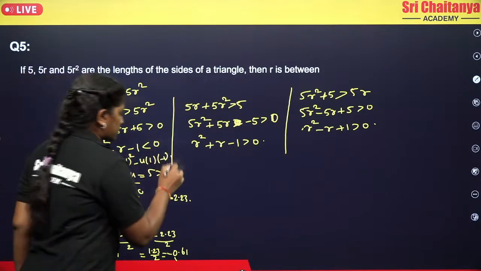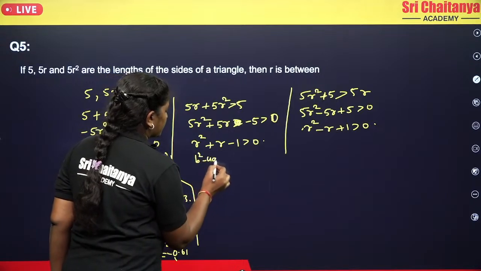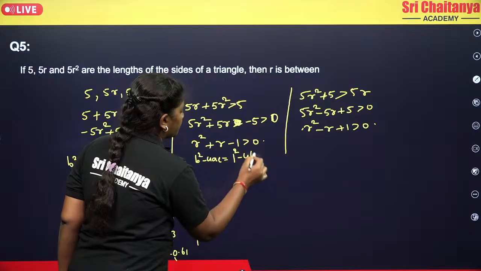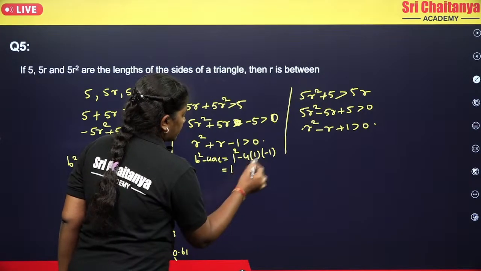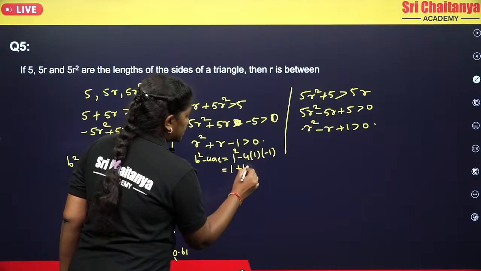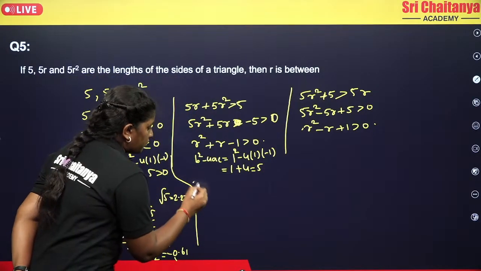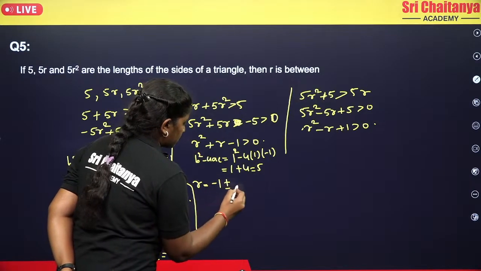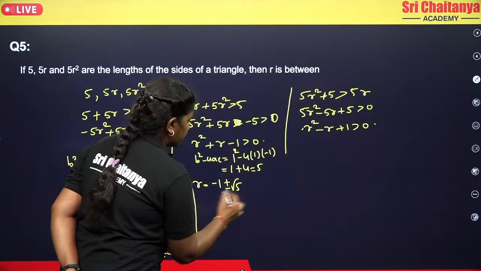Now coming to the next one. So here b square minus 4ac. So now b value will be your 1 square minus 4 into 1 into c value, which is minus 1. So here it will become 1 plus 4, which is nothing but your 5. Now coming to here, your r values will be given by minus 1 plus or minus root of b square minus 4ac, it means root 5 by 2.